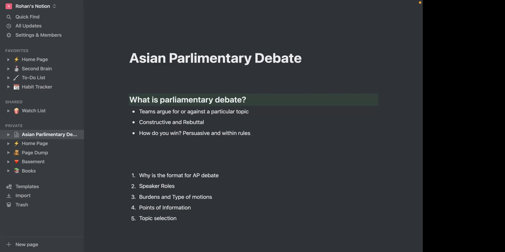So the third speaker has to go ahead and follow those rules for the speeches to be deemed good. And only when the speeches are deemed good are you going to win the debate. Therefore, any winning team must, number one, have persuasive argumentation, and number two, stay within the rules that are present within the parliamentary debate format.